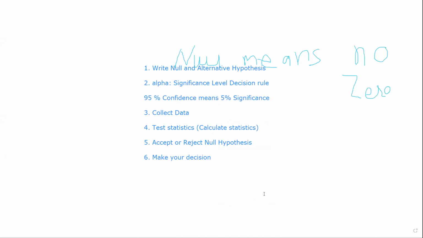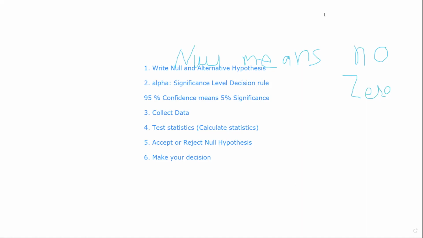Now, this is exactly based on proportion, and this is exactly based on variance and standard deviation. How do we write in case of proportion?